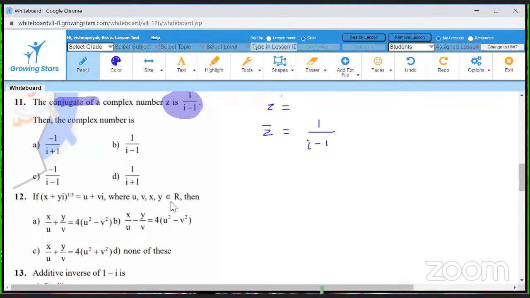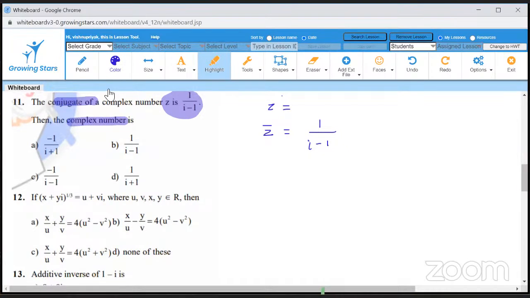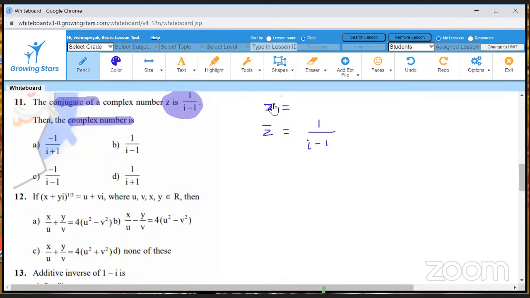Then what do I have to find? I have to find the complex number z. Looking at z bar, you must say what is z.